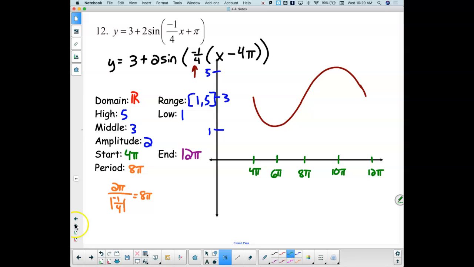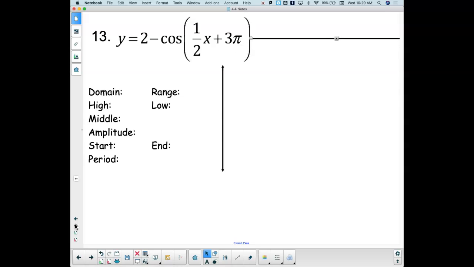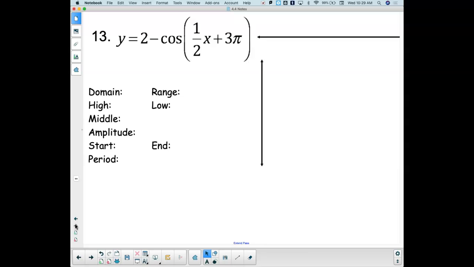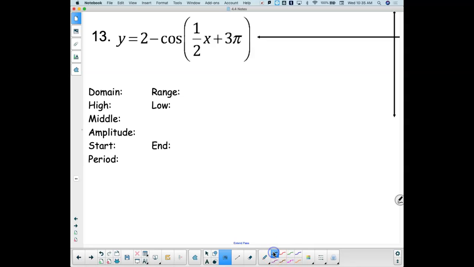All right. Let's do one more. Do this one. All right, so let's first start by doing a little factoring.